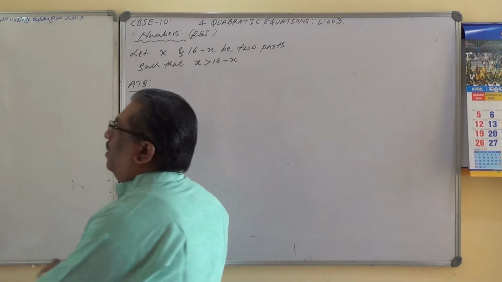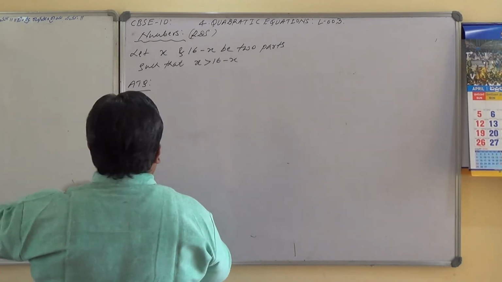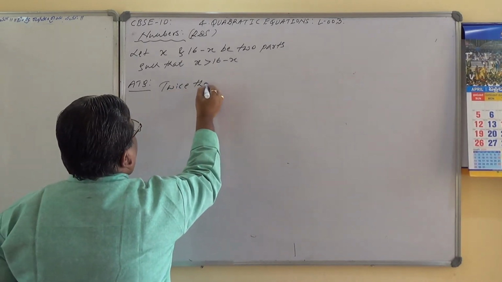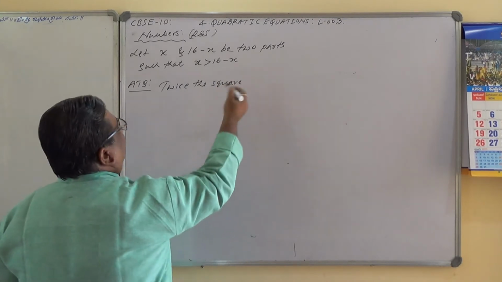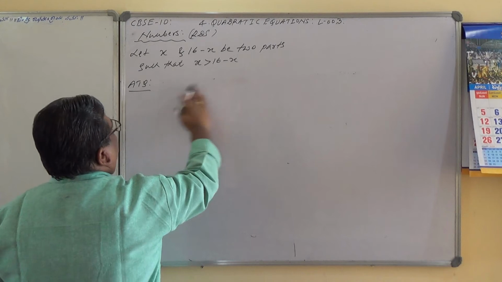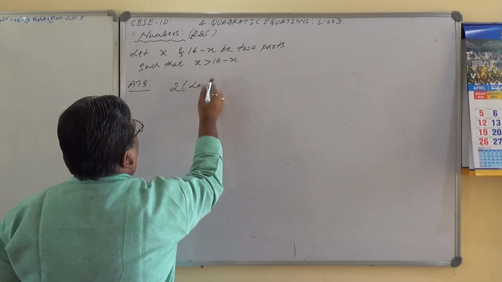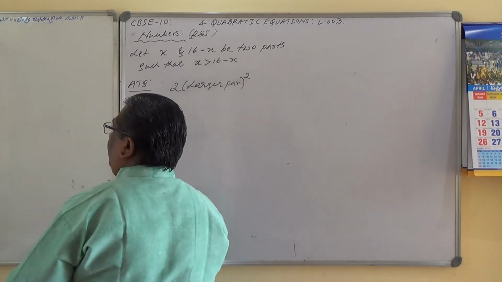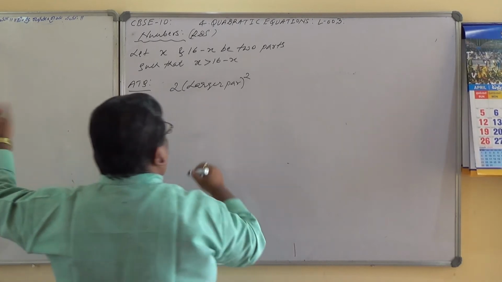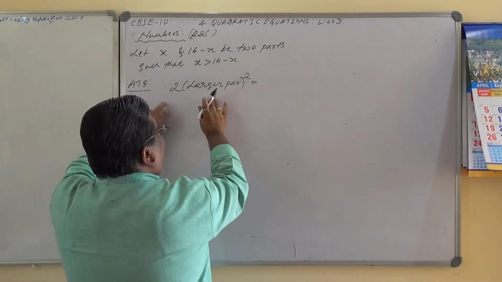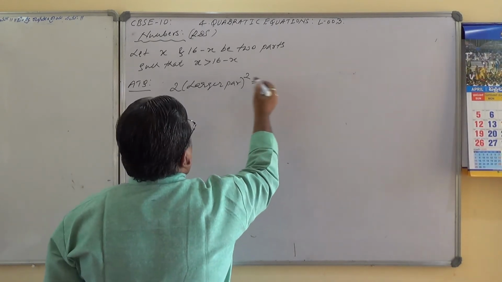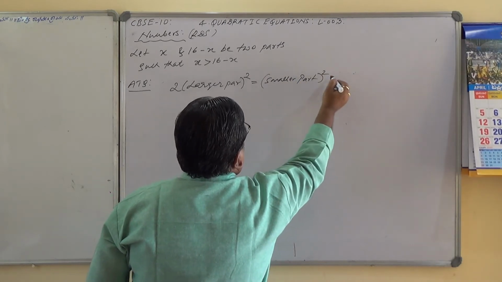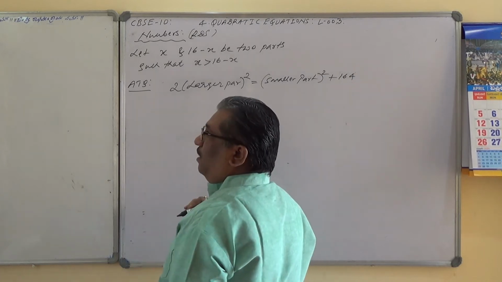So, he says such that twice the square of the larger part, twice the square of the larger part means 2 times the square of the larger part, exceeds the square of the smaller part by 164.